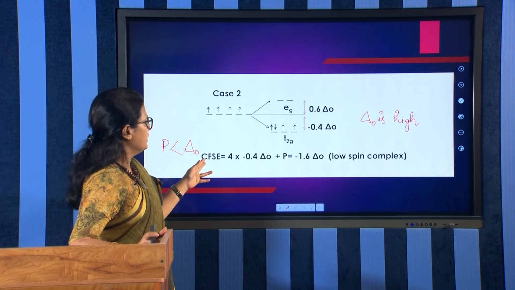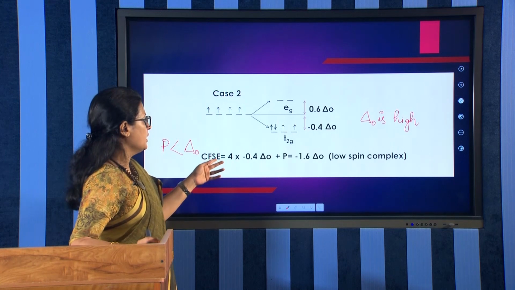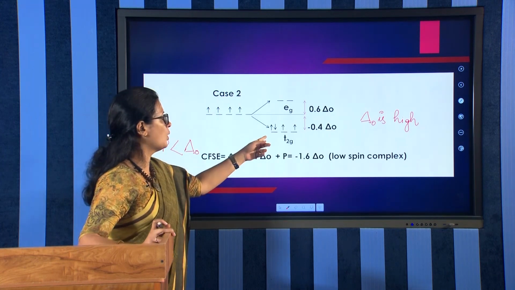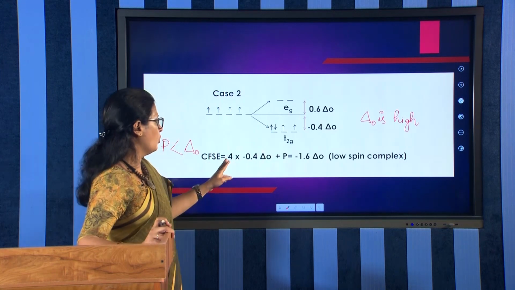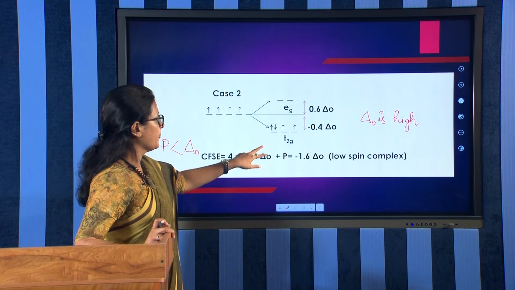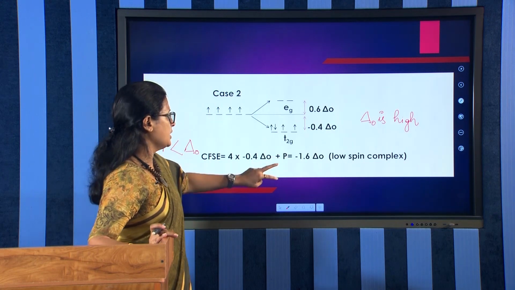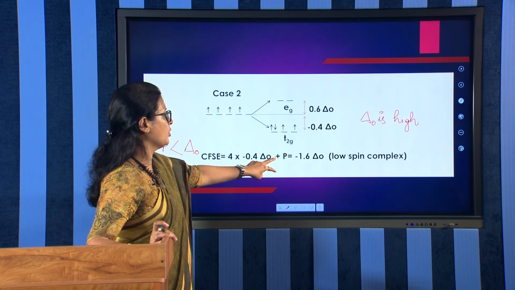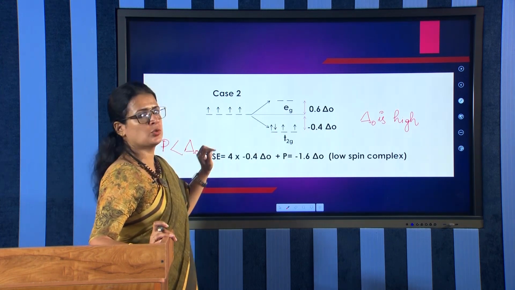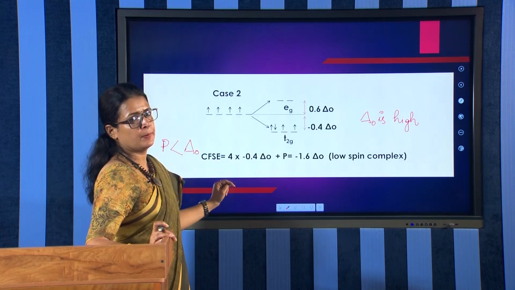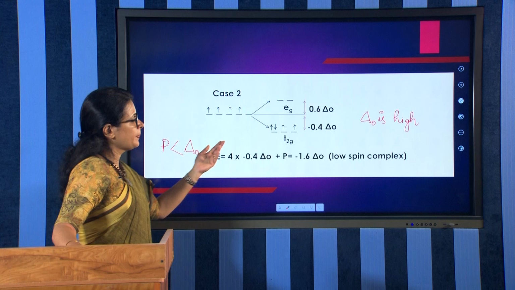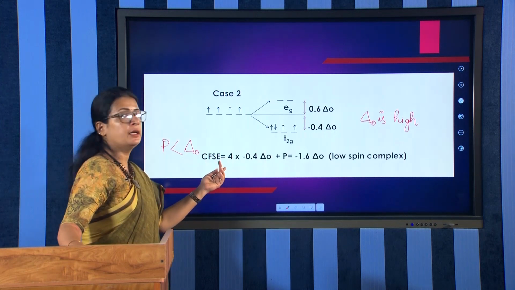And while calculating the crystal field stabilization energy, you can number the electrons. How many electrons? 1, 2, 3, 4. So, 4 into stabilization energy minus 0.4 delta O plus pairing energy. Pairing energy means the energy that is needed to pair this fourth electron, that should be added here. Again I repeat, while calculating the crystal field stabilization energy, we have to number the electrons.